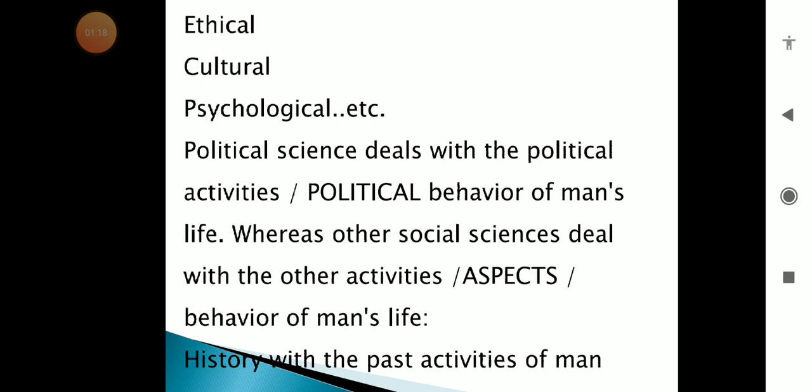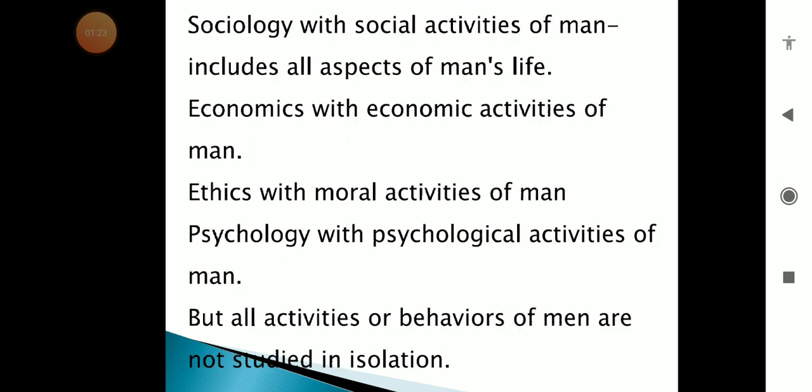For example, history deals with the past activities of man. Sociology deals with the social activities of man, which includes all aspects of life: social, religious, political, economic, ethical. Economics deals with the economic activities of man, ethics with moral activities, and psychology with the psychological activities of man.